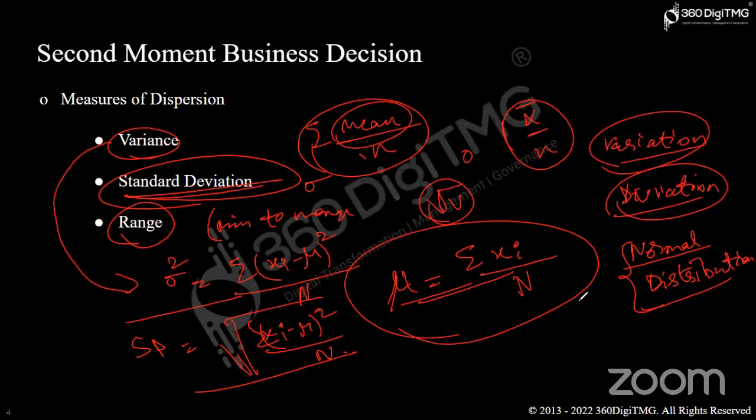So there come probabilities, which have a distribution concept: the normal distribution, the Poisson distribution, the binomial distribution, the Bernoulli distribution. Like this, with respect to the data, you have different distributions.